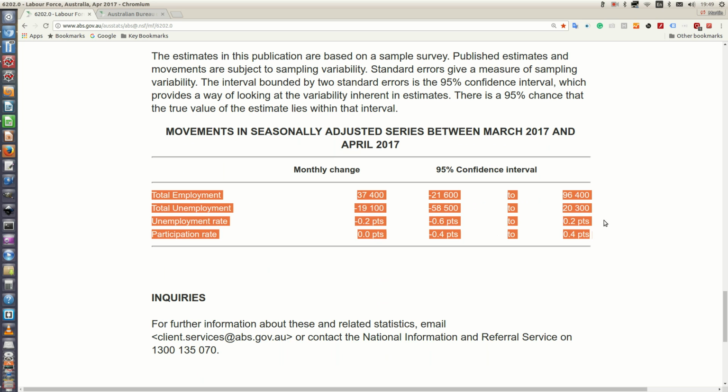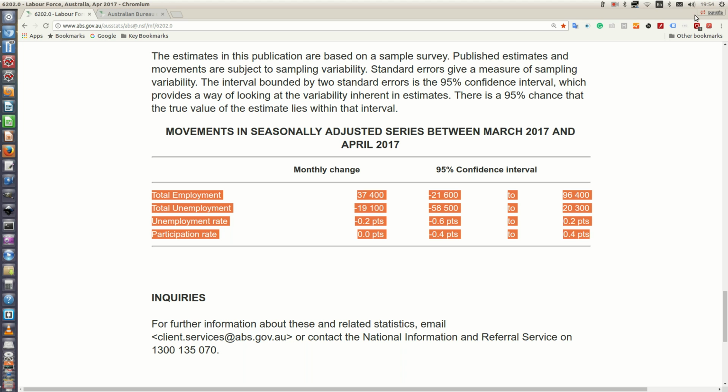This implies that the monthly movements that we see are statistically insignificant. And so the movements could be just due to sampling noise, which means that it's not a real movement.